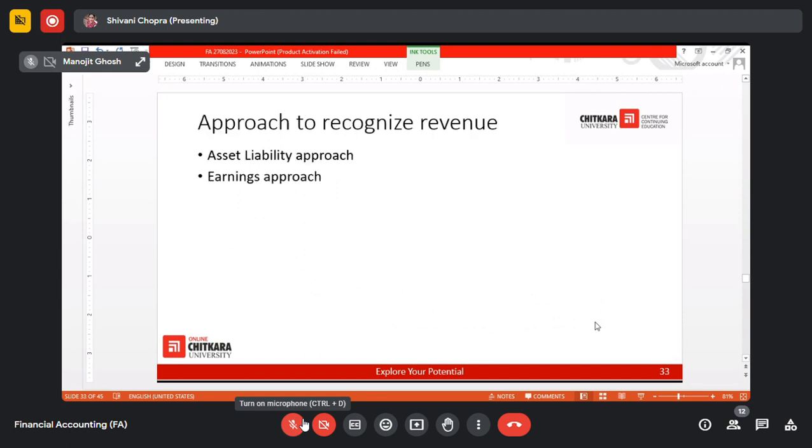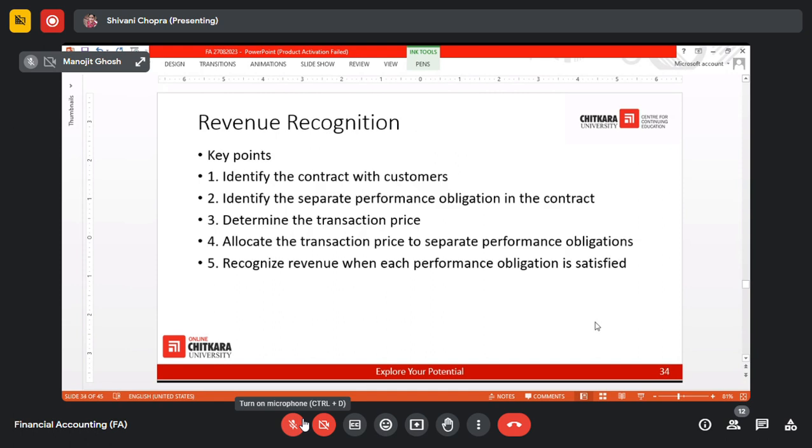Okay. So now it takes us to the approaches to recognize revenue. Since it's a course of a beginning level, I'll be discussing only the asset liability approach. Rather, there are two approaches: asset liability approach and earnings approach. Focusing on the asset liability approach, if we want to recognize the revenue for a company, there are five key points that must be considered.